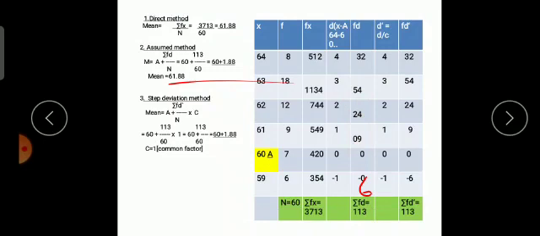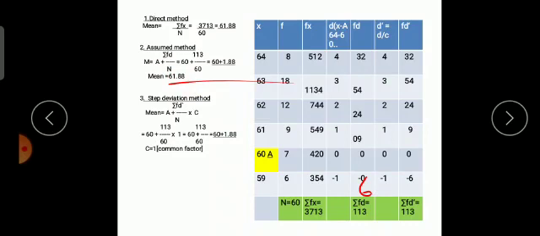You will first solve the division part: you write 60 as it is plus 113 divided by 60, you are getting 1.88. So when you add 60 plus 1.88, you will get 61.88.